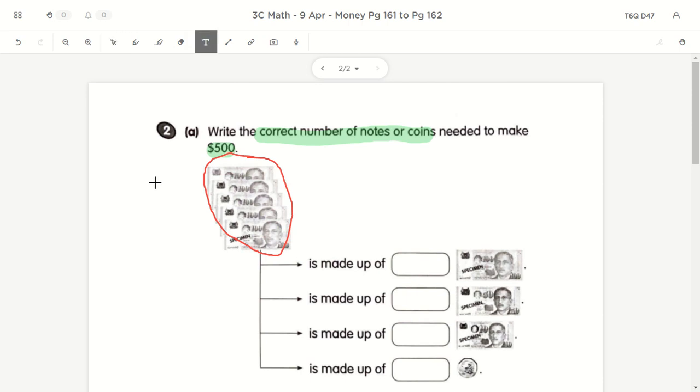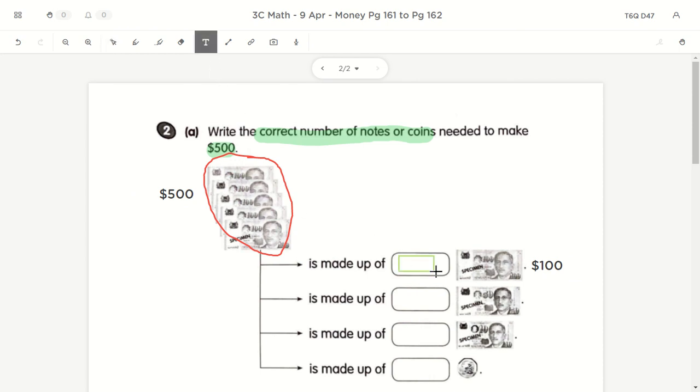I have in total $500. Okay, this is $500. What is this note? This is actually a $100 note. So if I have $500 here, how many $100 notes do I need to make it 500? So you realize there's $100, $200, $300, $400, $500.